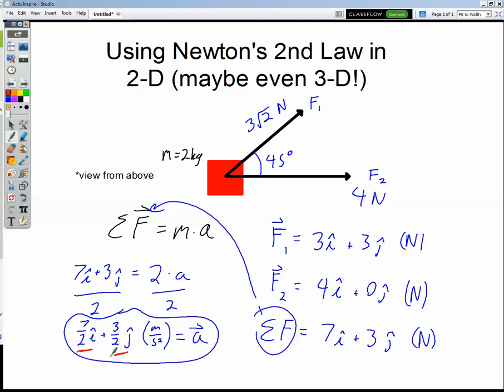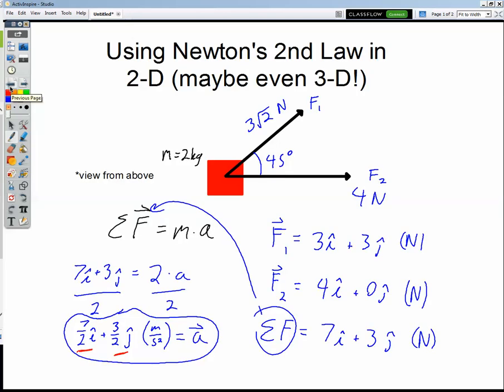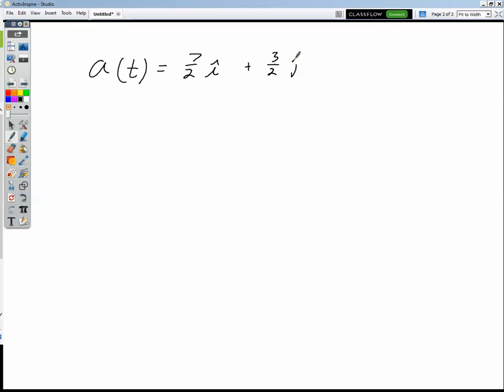So if I wanted to, on the next page, we could go ahead and say that the acceleration at any time t was equal to 7 halves in the i direction plus 3 halves in, was it 3 halves? Let's go back and look. Oh, it was 3 halves in the j direction, and that's going to be in meters per second squared. And that'll give us the acceleration at any time t, the x and the y.